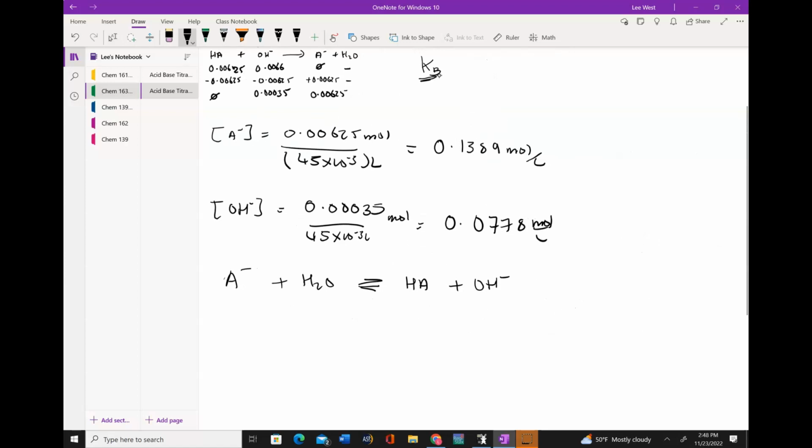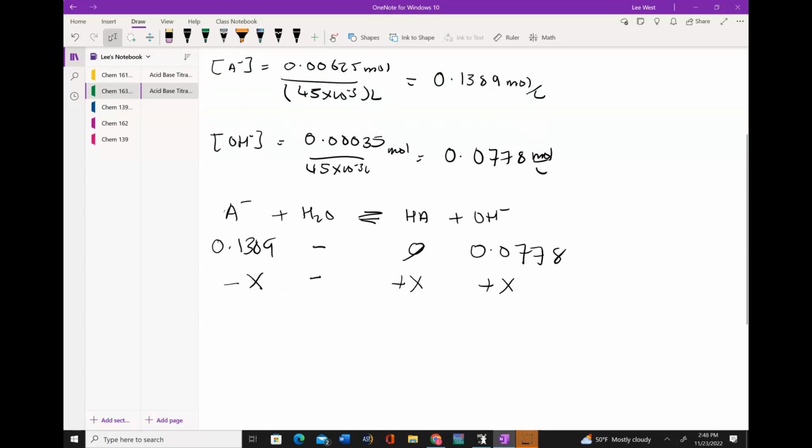Initially 0.1389, that's irrelevant, that's 0, and that is 0.0778. This will go down by x, that remains irrelevant. This will go up by x, and this will go up by x.